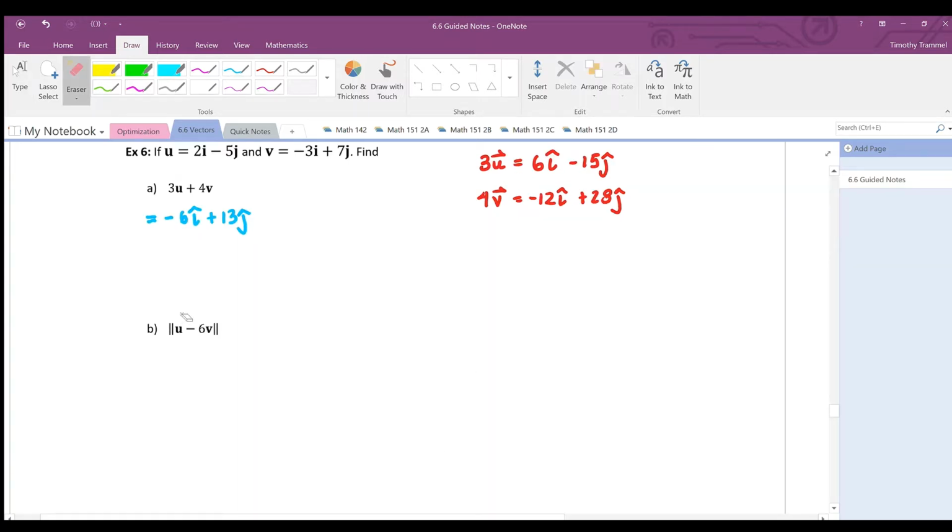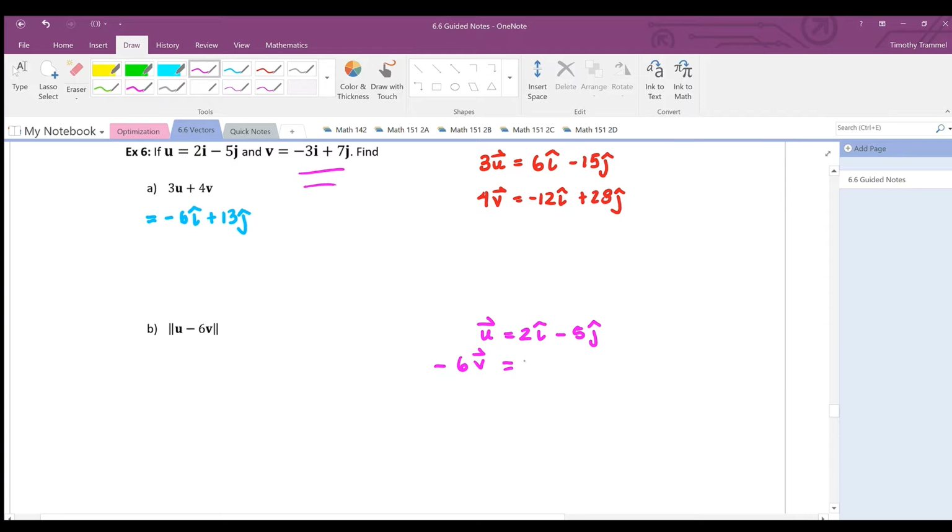All right, part B, we want to find the magnitude of u minus 6v. Let's start off by reminding ourselves of what u looks like. It's 2i minus 5j. And let's also think about what minus 6v looks like. That should be minus 6 times this vector up here.